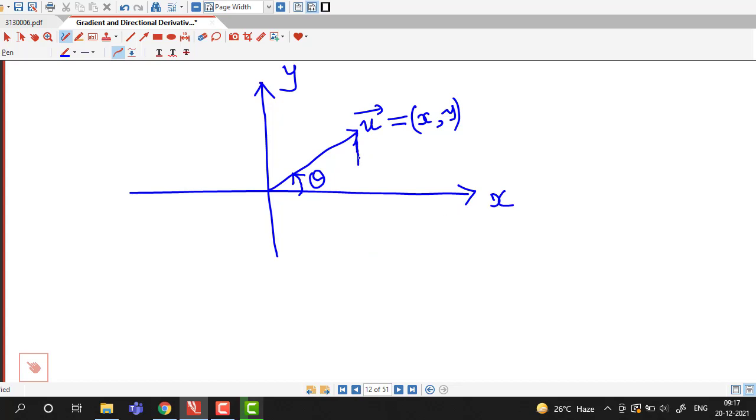If we complete this right angle triangle, then if u bar is (x, y), this distance is x and this distance is y.